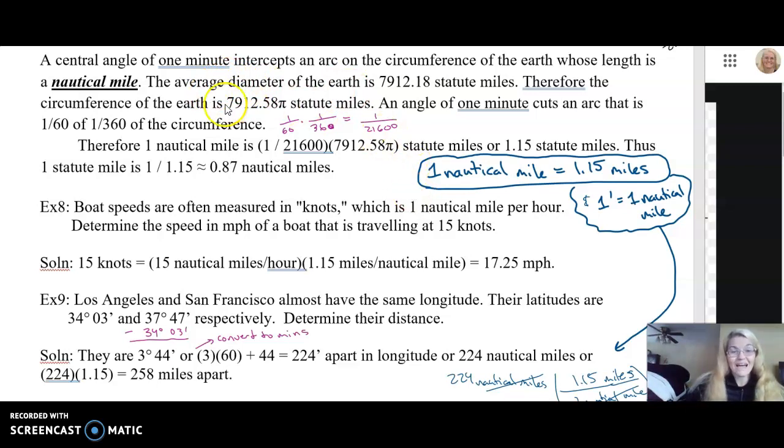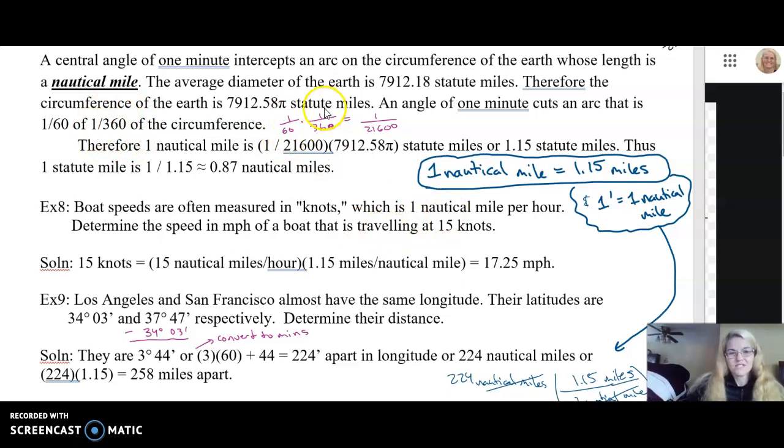We're going to look at the average diameter of the earth in normal miles, and therefore the circumference is your diameter times pi miles. So an angle of 1 minute is going to cut an arc that is 1/60th of a degree, of 360 degrees in your entire circumference.